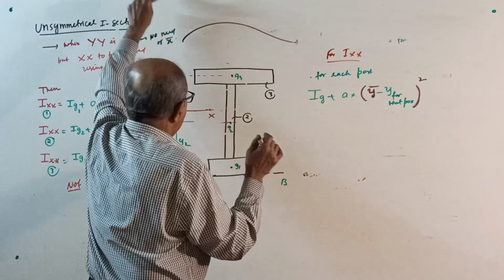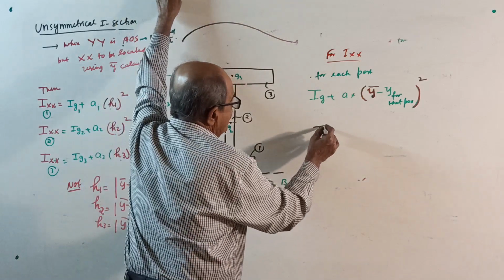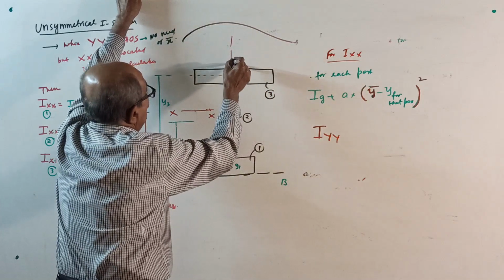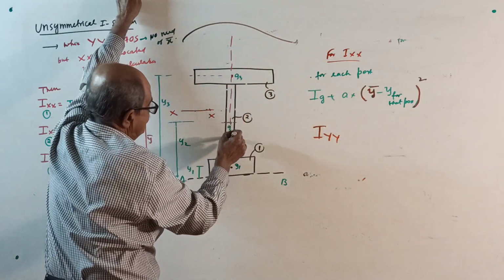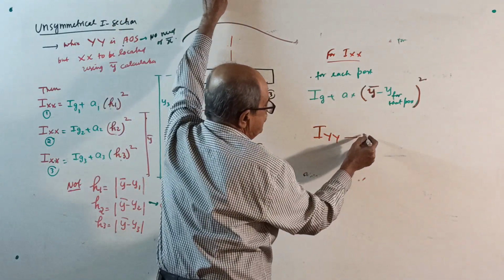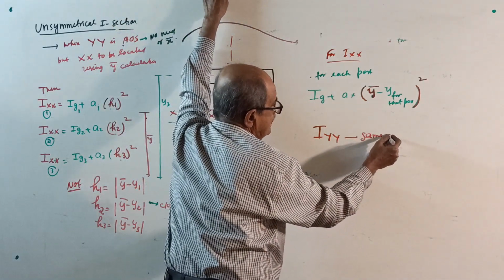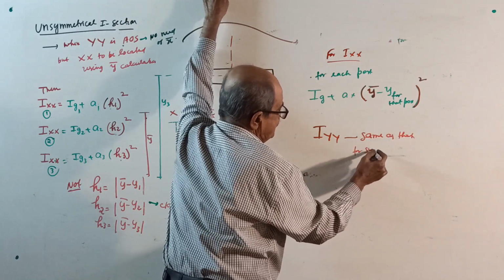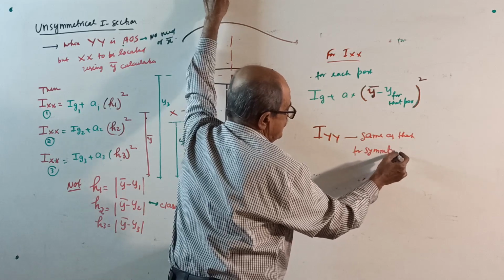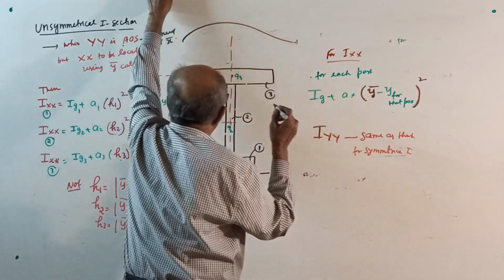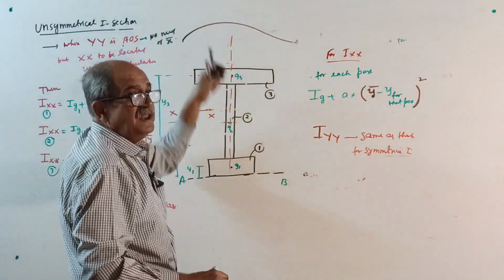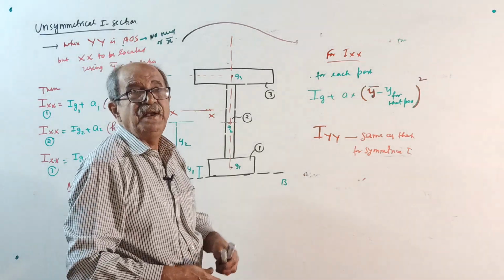Now after that, I about yy. No problem, because when you go for yy, it is the same as that for the symmetrical I section, because your G1, G2, G3 all lie on YY.